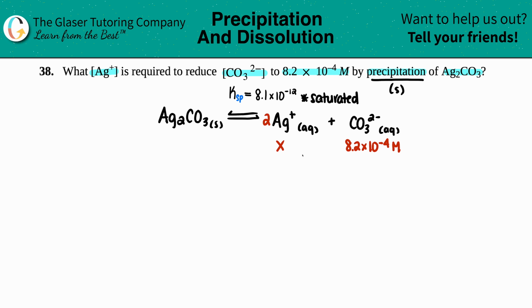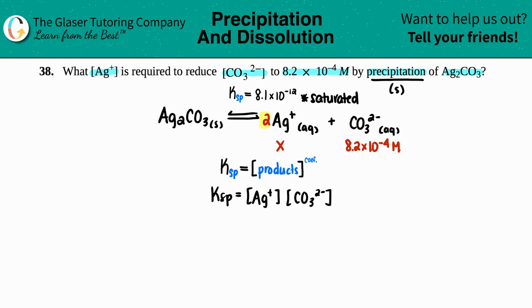Now let's bring in the Ksp equation. The general one is this one right here, right? Ksp equals the products raised to the coefficients. So Ksp equals the concentration of Ag+ times the concentration of the CO3 2-. Now just make sure that you're raising them to the coefficients, and that's when you have to take into consideration that you have two Ags.